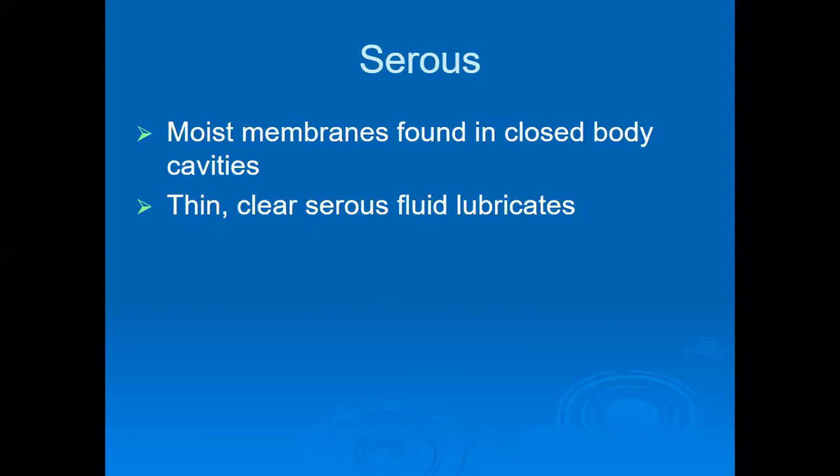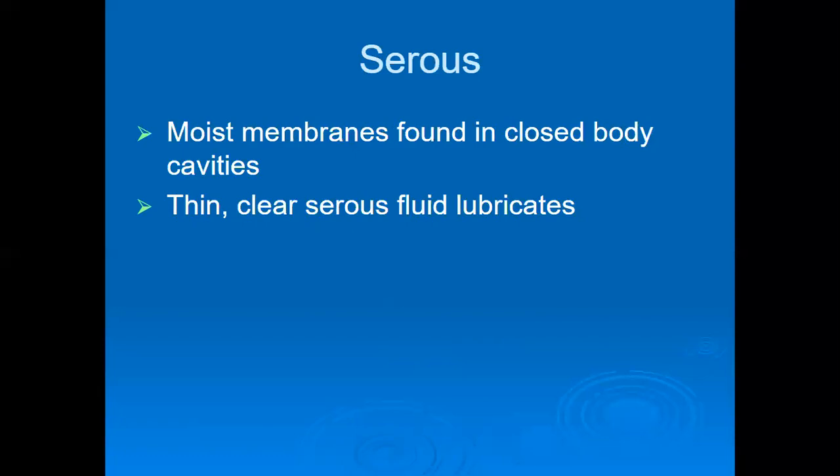A good example of this would be in our pleural cavity around our lungs. When you breathe in and out, your lungs will rub against the pleural cavity. Well, there is a thin coating of this serous fluid that's produced by the serous membrane that allows your lungs to be able to breathe in a friction-free environment.